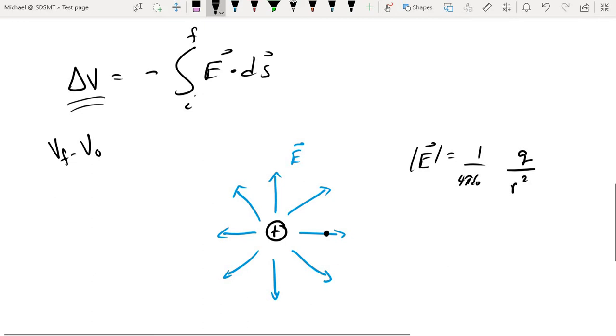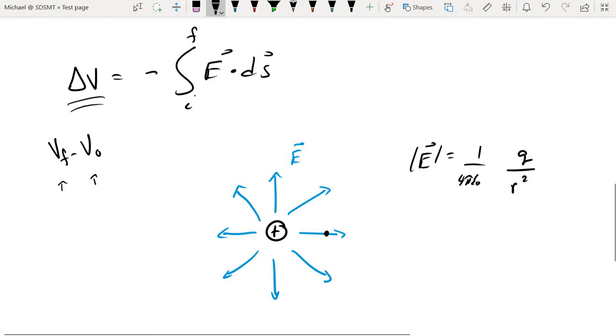So what we need to do is travel between two different locations in space, measure the difference in those potentials, and then see if maybe there's some way that we can identify what either of those individual values is going to be.